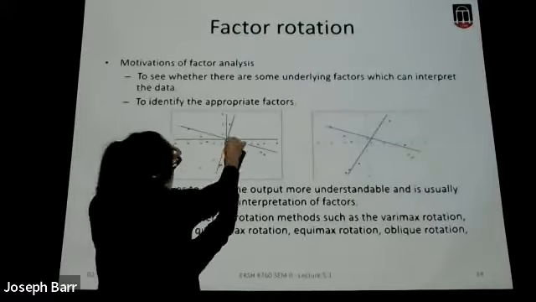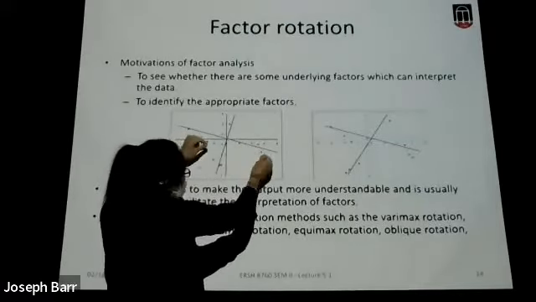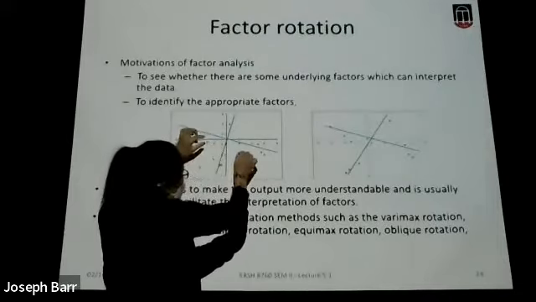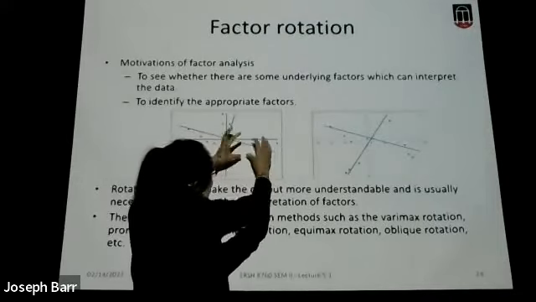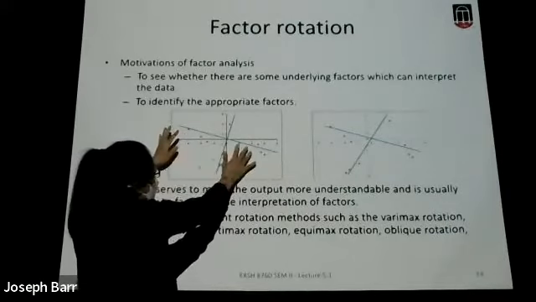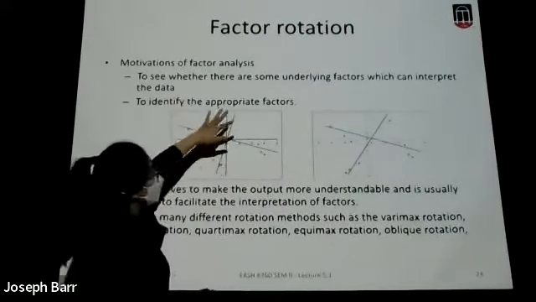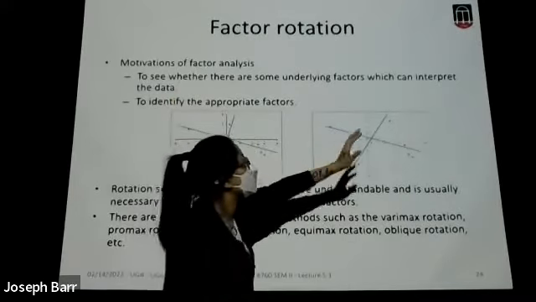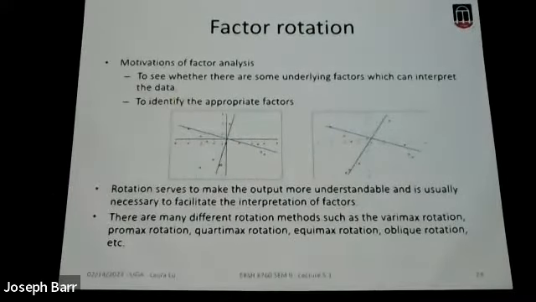By changing those axes, it helps us understand how to name those factors, how to understand those numbers. So the only goal of factor rotation is to get a better interpretation of factors. That's our only goal. We're trying to clearly explain the factor scores, the factor patterns.